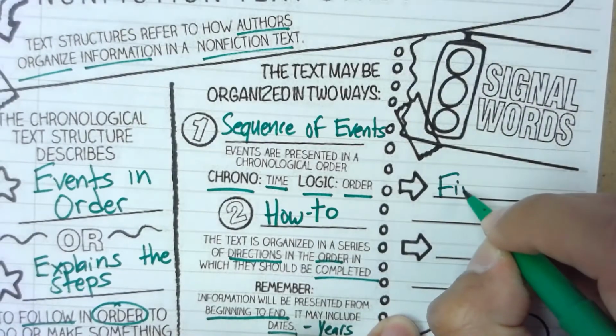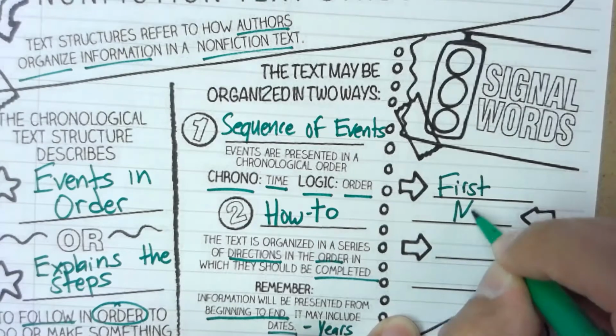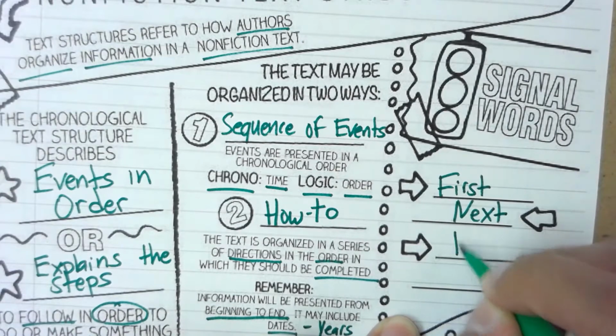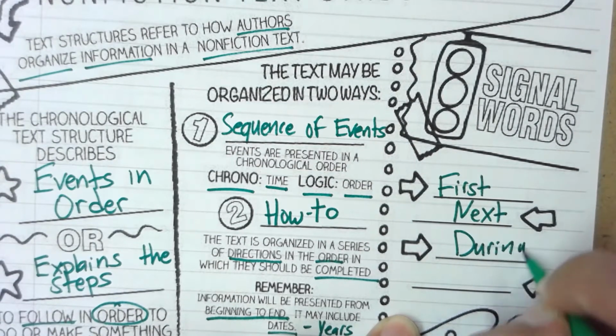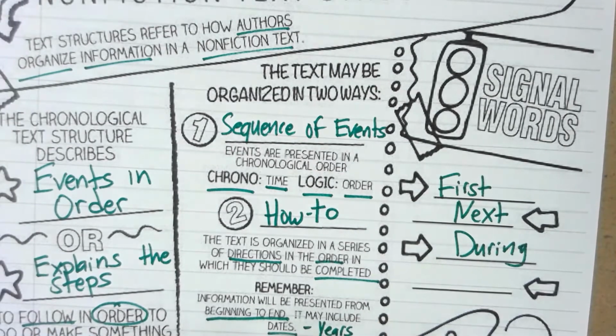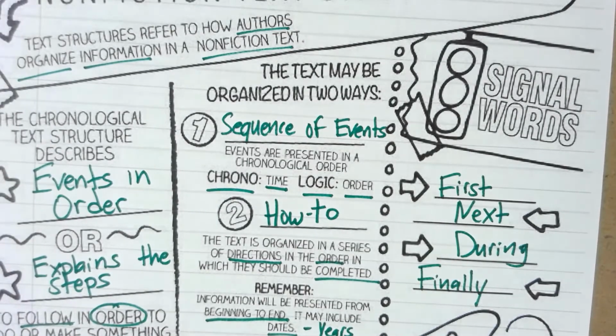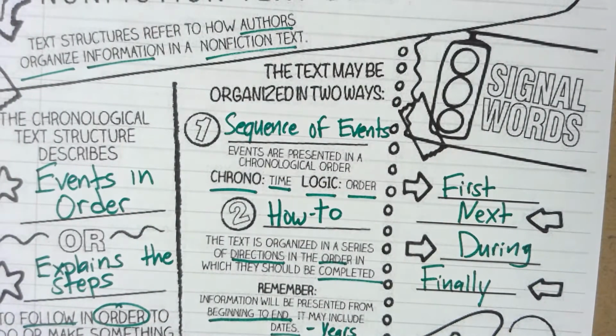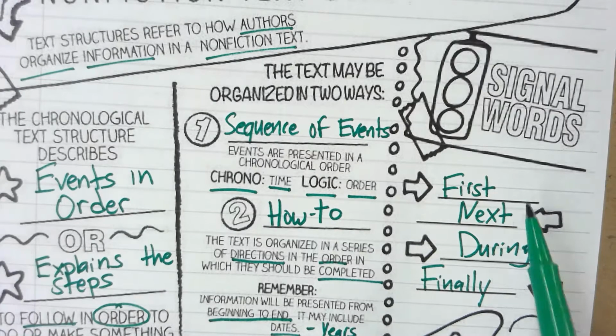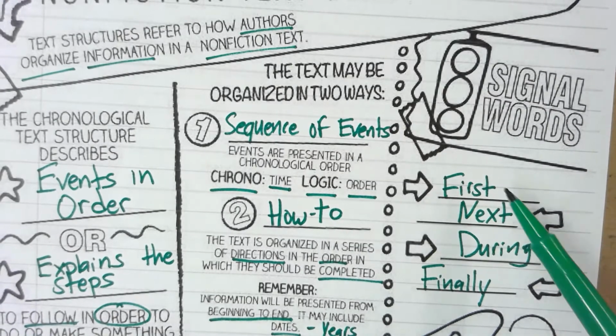First, next, during, finally. These are the signal keywords that are used in chronological texts. Whenever something's written in chronological order, you use the words first, next, during, finally. These are all in order.